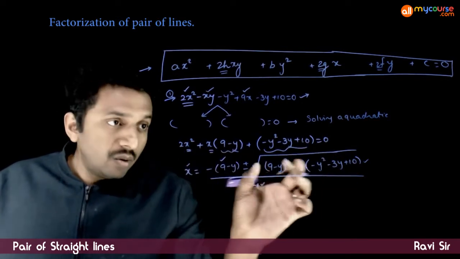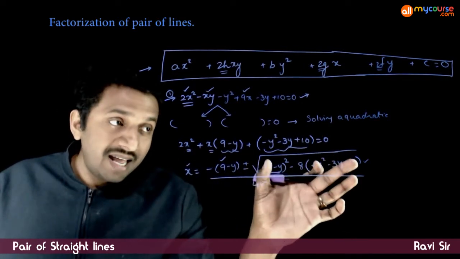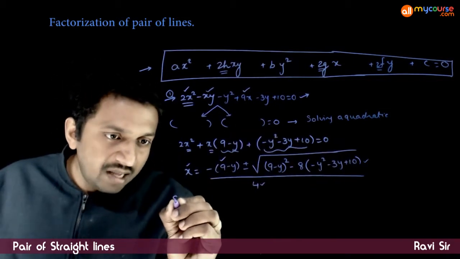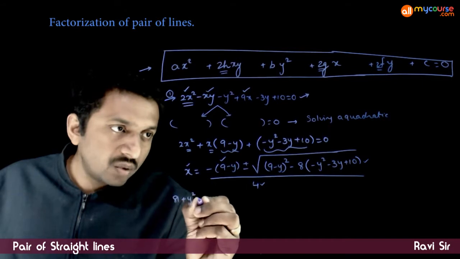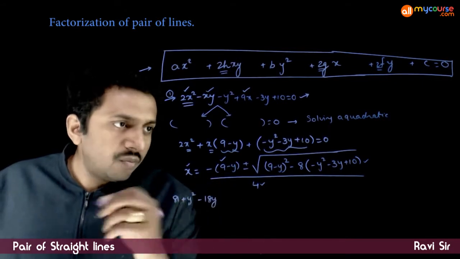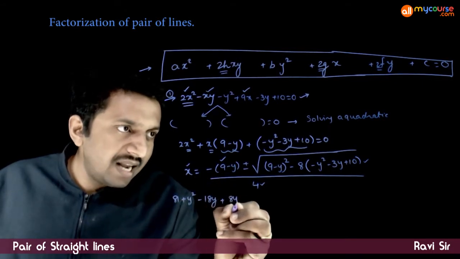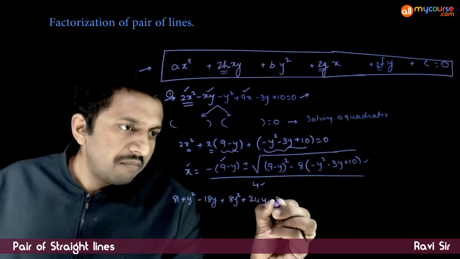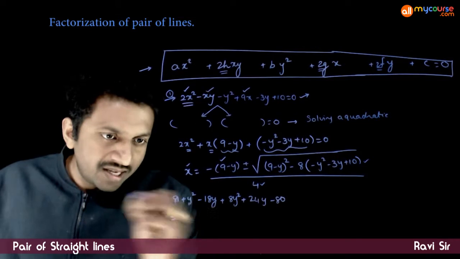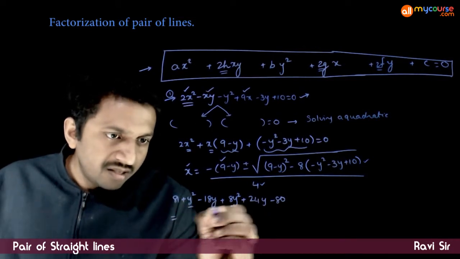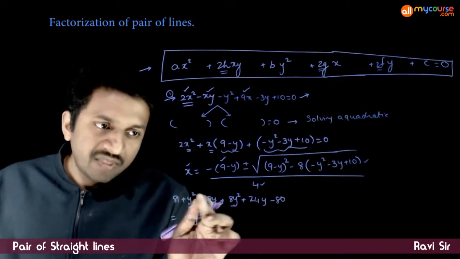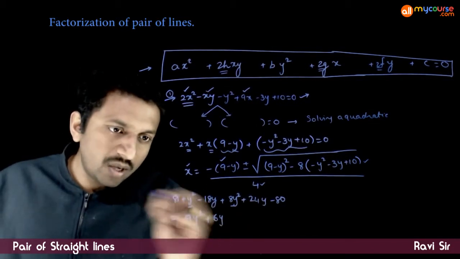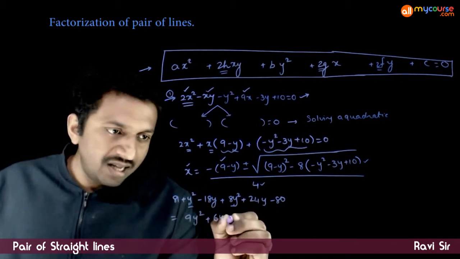Let us see. I am trying to analyze the expression inside the square root. You have 81 plus y square minus 18y plus 8y square plus 24y minus 80, that is equal to 9y square minus 18y plus 24y is plus 6y, 81 minus 80 is plus 1.